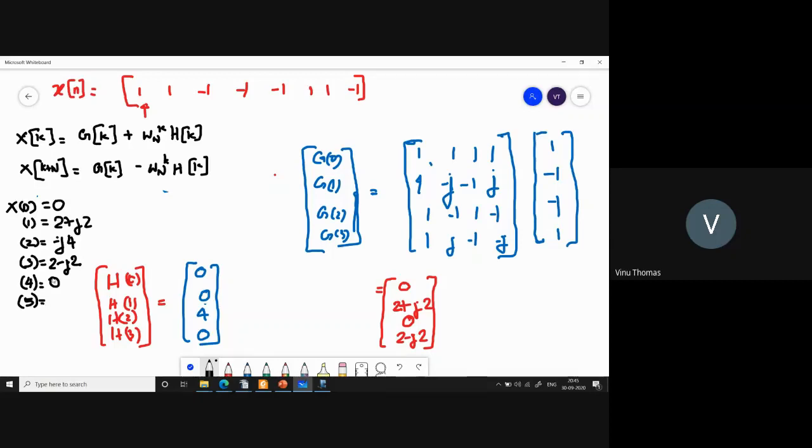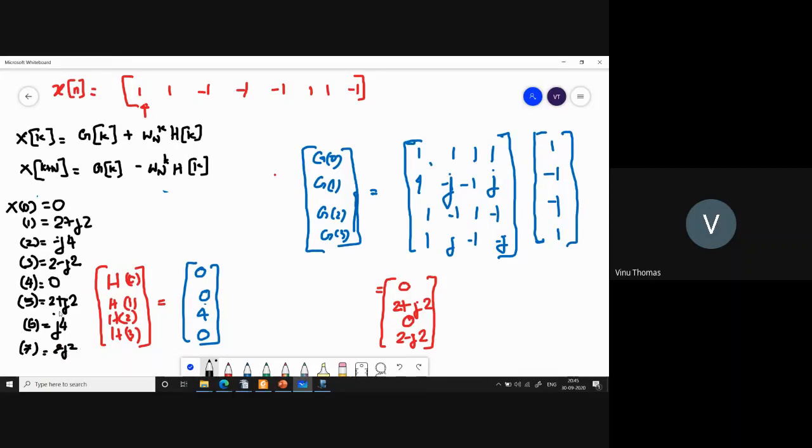So x of 5 will be the complex conjugate of 2 minus j2, since x of n is a real valued signal. So x of 5 would be 2 plus j2. X of 6 would be the complex conjugate of minus j4, which is plus j4. And x of 7 is the complex conjugate of 2 plus j2, which is equal to 2 minus j2. So you will find out the values like this.